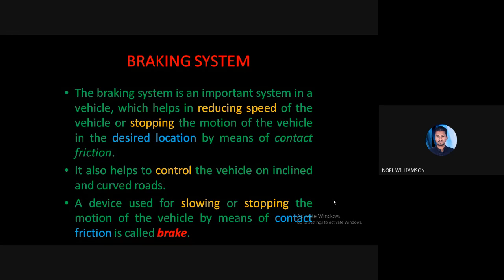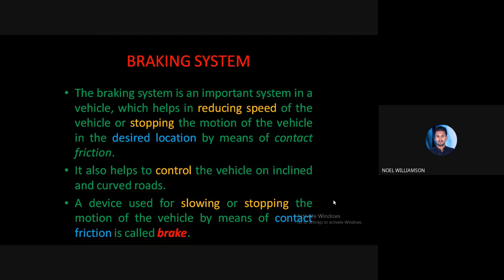So by varying the speeds, or even stopping the vehicle at the desired location, wherever you have to stop, you get these variations, and it is conducted by means of contact friction.